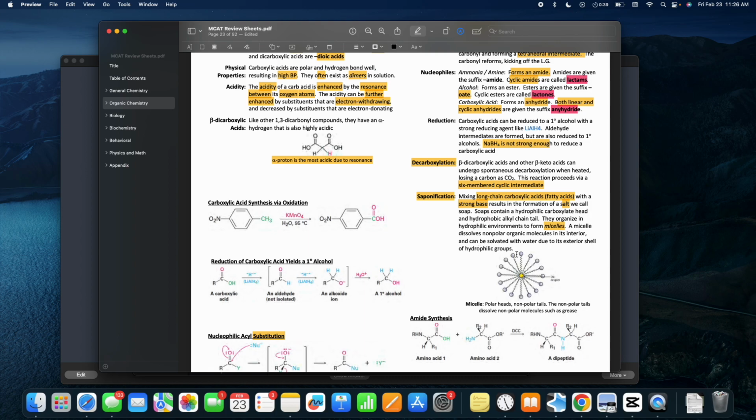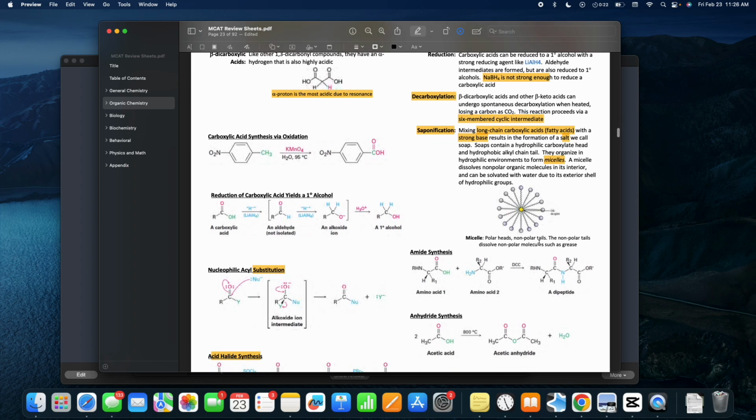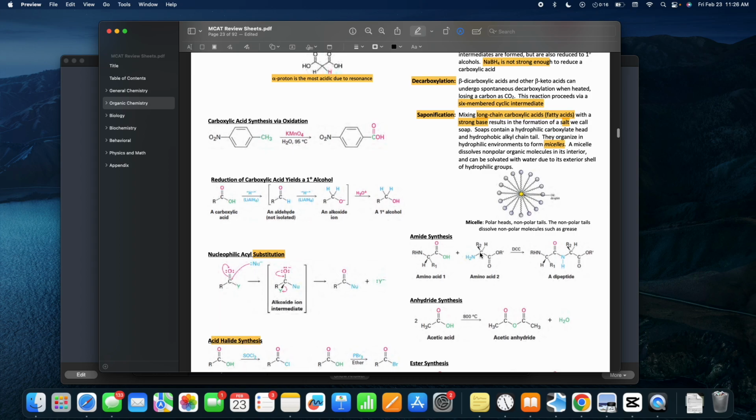That's why soaps are solid, but still they can shrink by pouring water on them because of these hydrophilic heads. Micelles have polar heads on the outside. Nonpolar tails dissolve nonpolar molecules such as grease, and that's where we have the oil droplets.